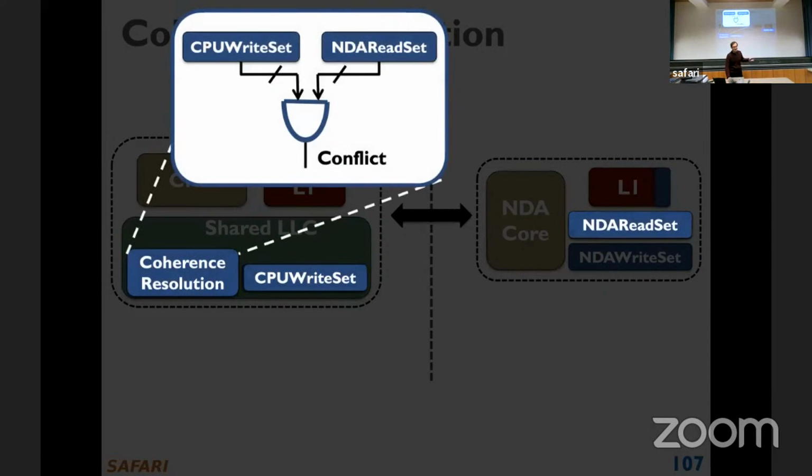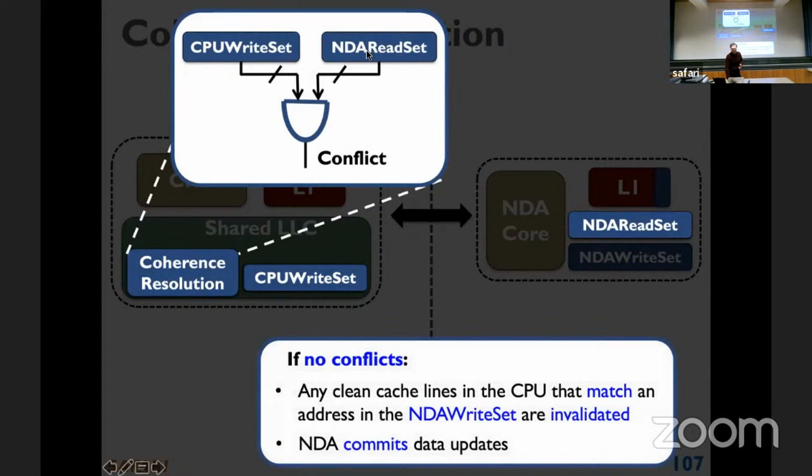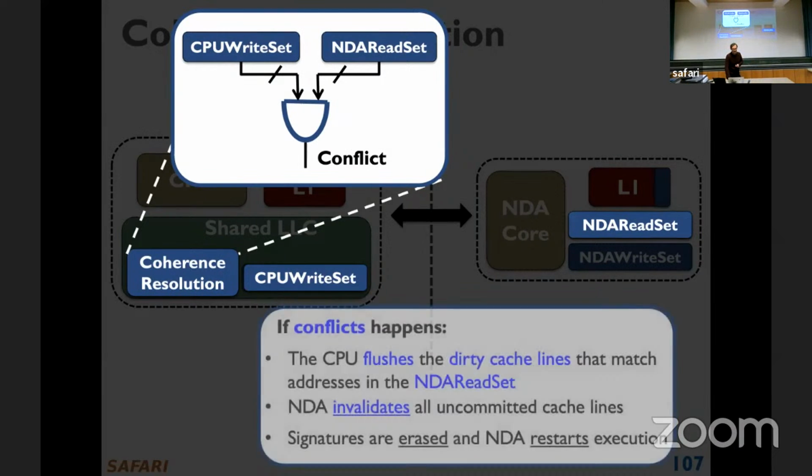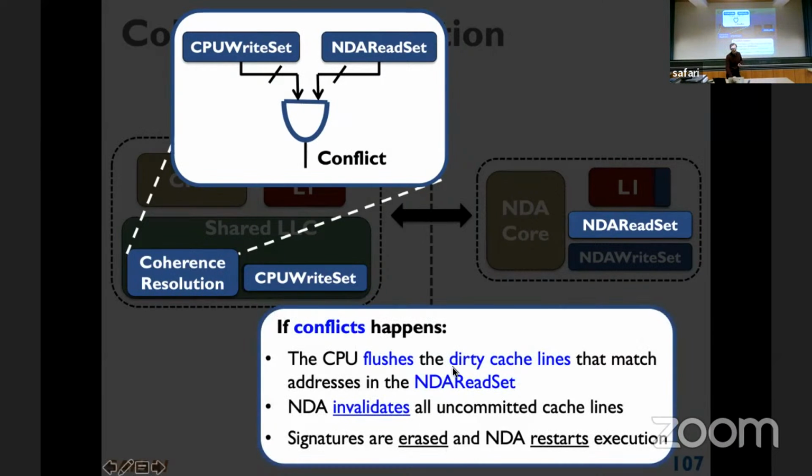Okay. So this is how you detect the conflicts. You compare the CPU write set with the NDA read set, essentially. And if there is no conflict, then any clean cache lines in the CPU that match an address in the NDA write set are invalidated, and NDA commits data updates. So it requires some more work, basically, even if there's no conflict. If a conflict happens, the CPU flushes the dirty cache lines that match an address in the NDA read set, and NDA invalidates all uncommitted cache lines.